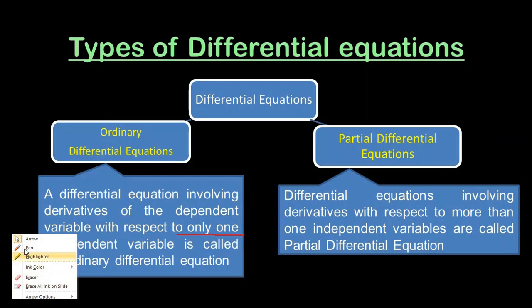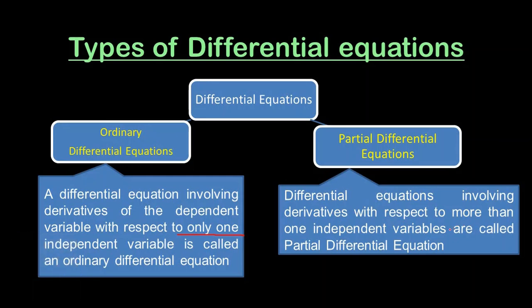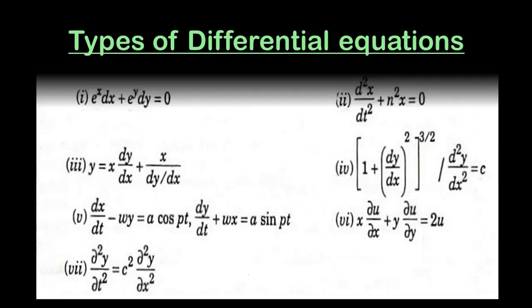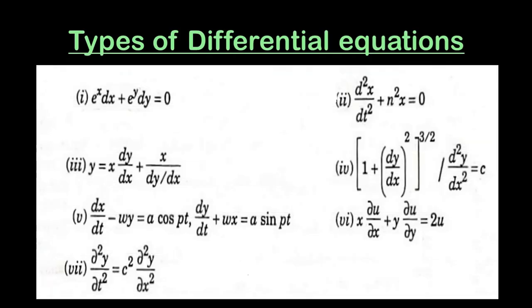Whereas if you have more than one independent variable, then the equation will be called a partial differential equation. So let us see some examples and identify whether the equation is an ordinary differential equation or a partial differential equation. So look at the first example.